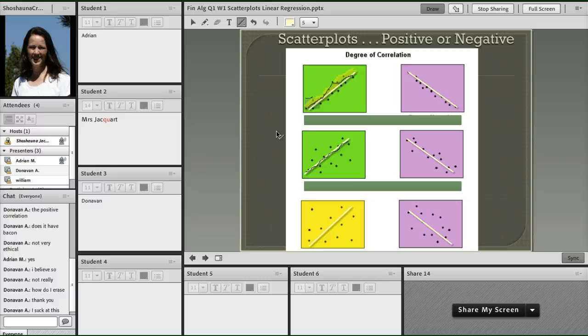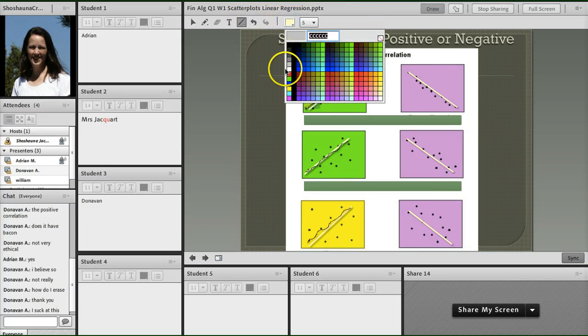Now what I'm going to do is I'm going to go through and do it as well, just because I can. I'm going to pick green.